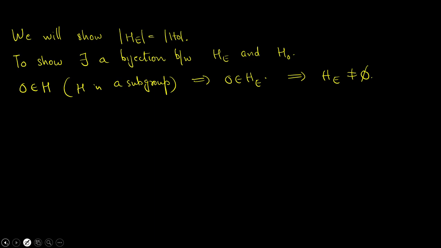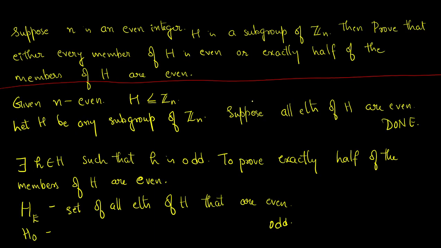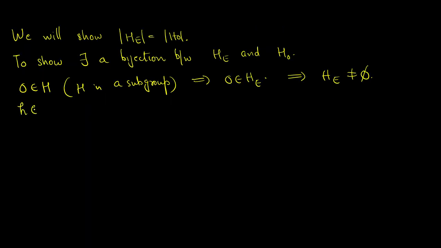Now, which case are we considering? We are not considering the first case. In the first case, every element of H was even, so HO would have been empty. But here we are considering the case that there exists an element h in H such that h is odd. So HO cannot be empty.